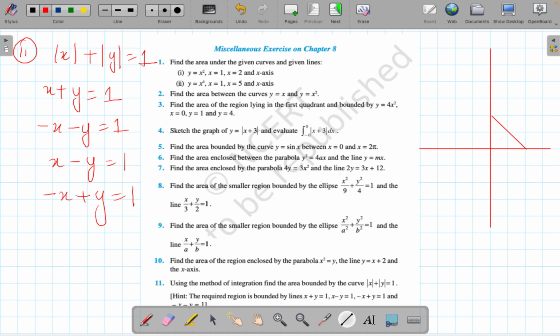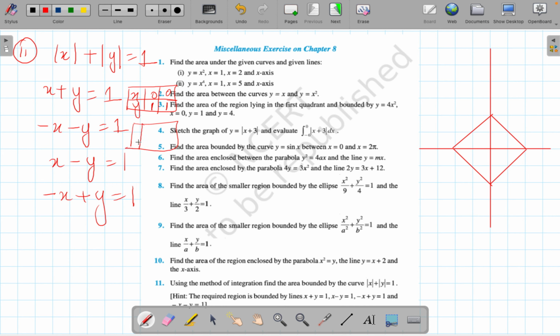So this is one line plotting, this is another line plotting, this is another, and this is another line plotting. Line plotting is very simple, which I have already taught you: x0 y1 y0 x1.